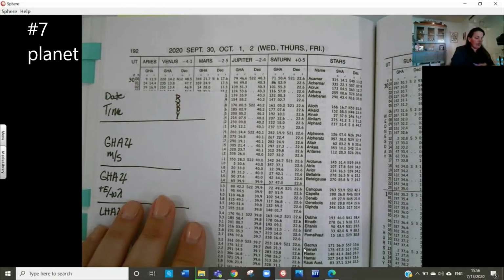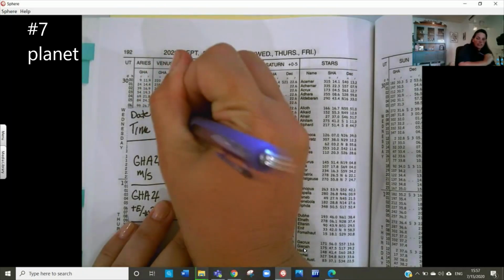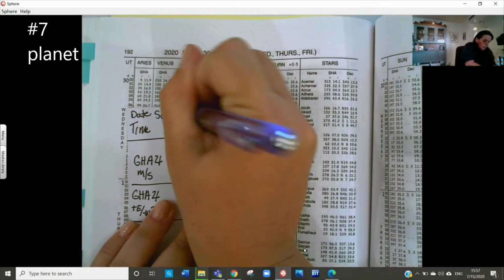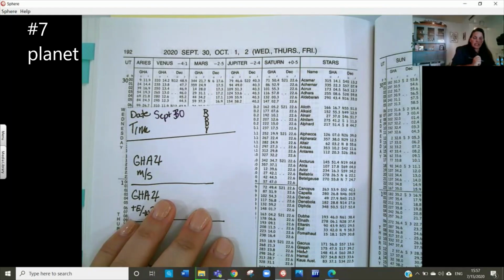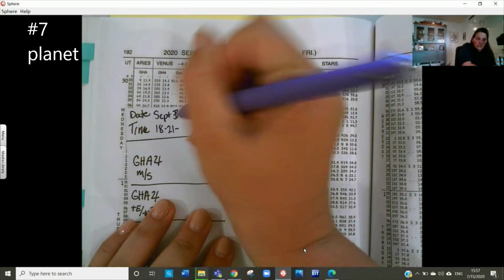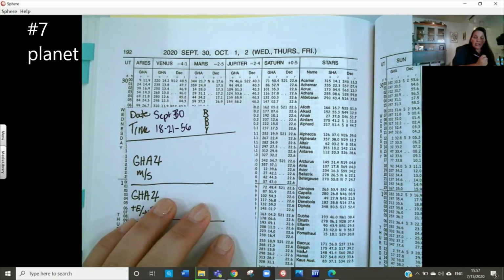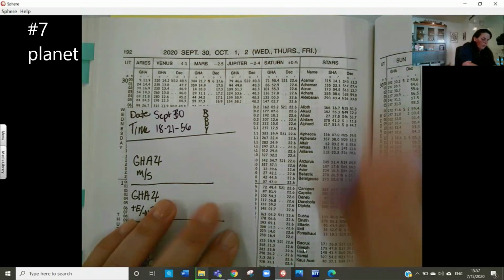Okay, on number 7, our date is September 30th, and we have a time of 18:21:56, and the body we are observing is Jupiter.